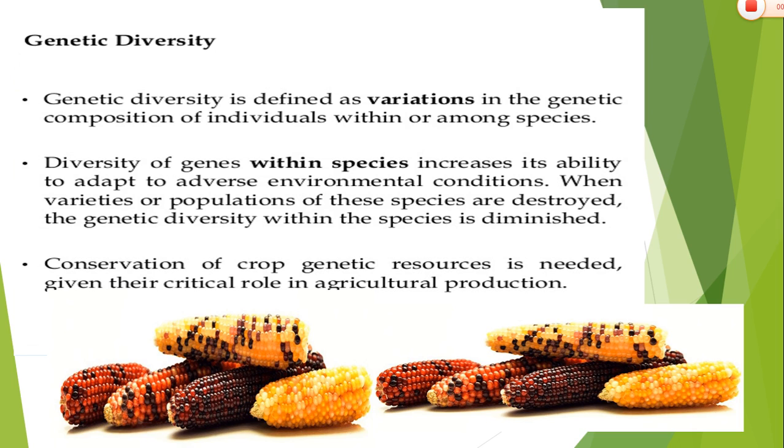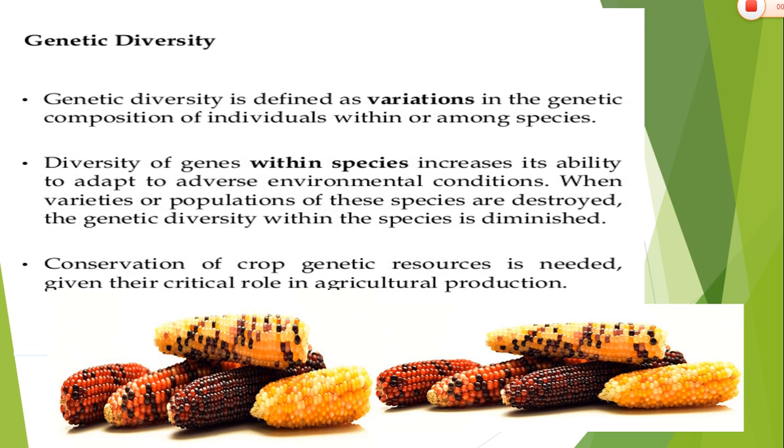Genetic diversity is related to genes. We know the transmission of some factors from one generation to another is done by the genes, and it occurs within a species. We're talking about a particular species. Then such kind of genetic biodiversity occurs.